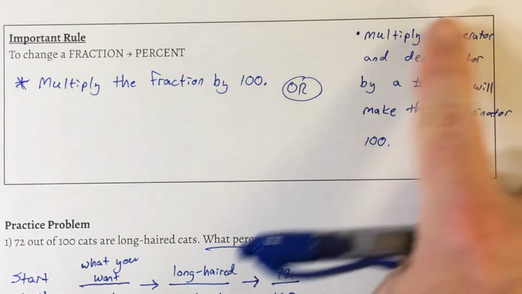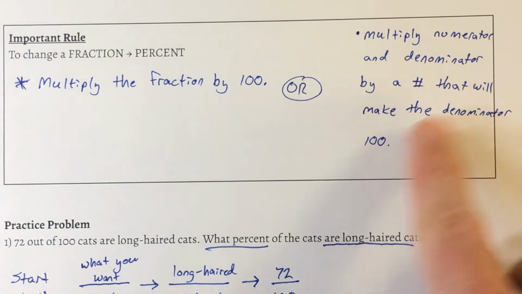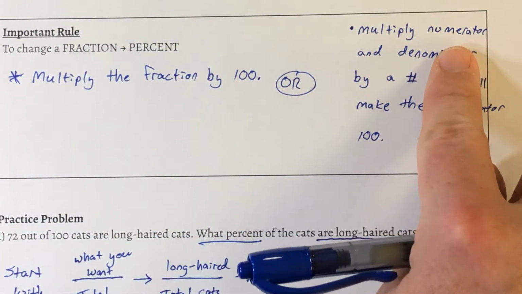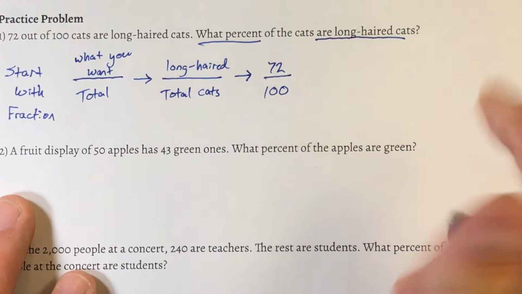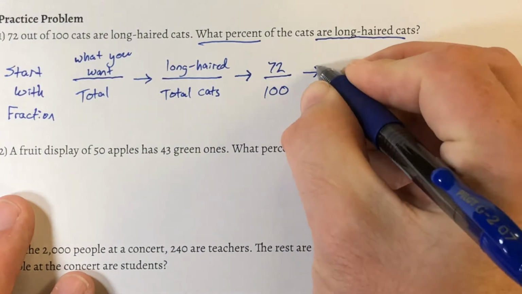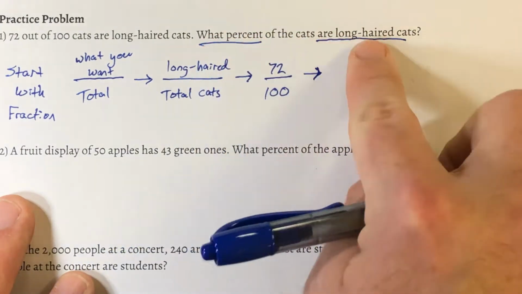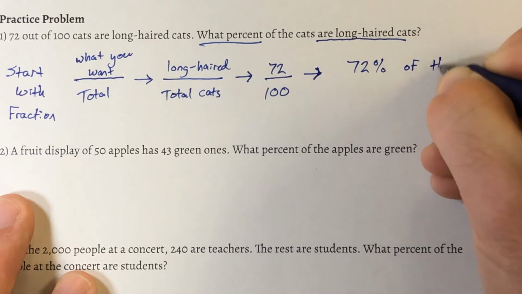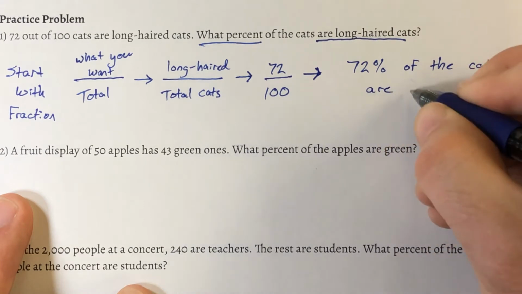My secondary says I just need to multiply both top and bottom number by something that will make the denominator 100. You'll notice my denominator is already 100. So I'm going to apply this rule. This rule basically says I'm finished already because the denominator is already 100. So 72 out of 100 is 72%. So what percent are long-haired? We're going to say 72% of the cats are long-haired.